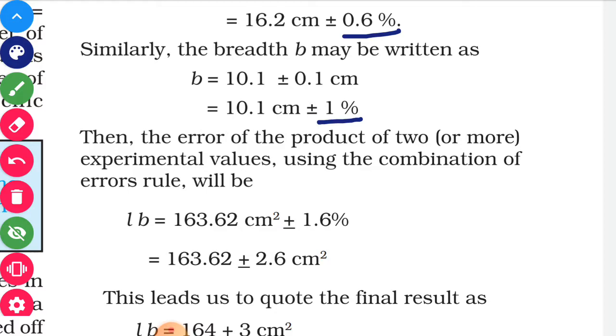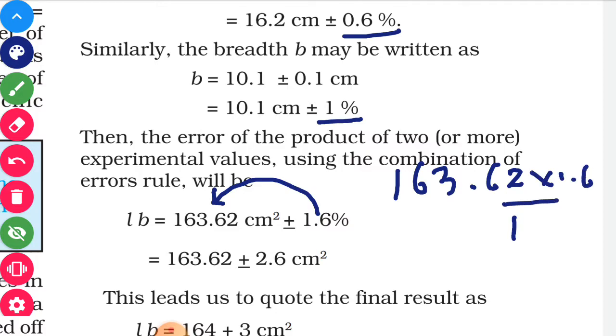Now if you find 1.6% of this, how will you find it? 163.62 into 1.6 divided by 100. So you will get 2.6 centimeter square. You can find the value this way.